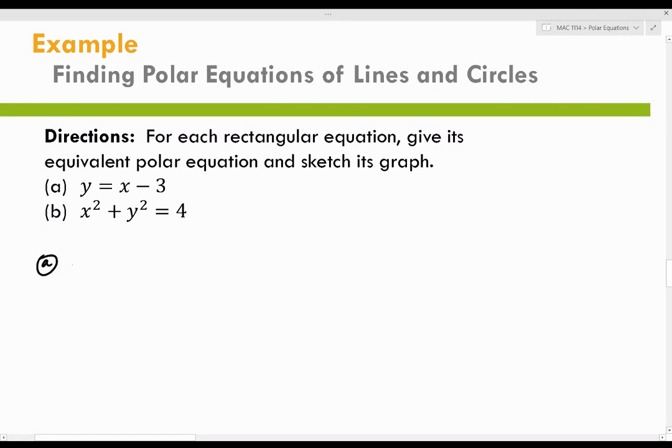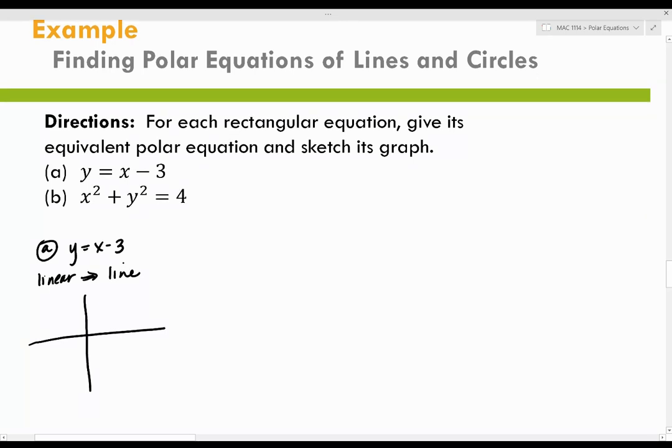So for A, we have y equals x minus 3. In the rectangular system, this is a linear equation, and because it's linear, the shape that it makes is a line. The easiest way to graph a line is if your equation is in slope-intercept form. It is. So for this line, the slope is 1 and the y-intercept is -3.